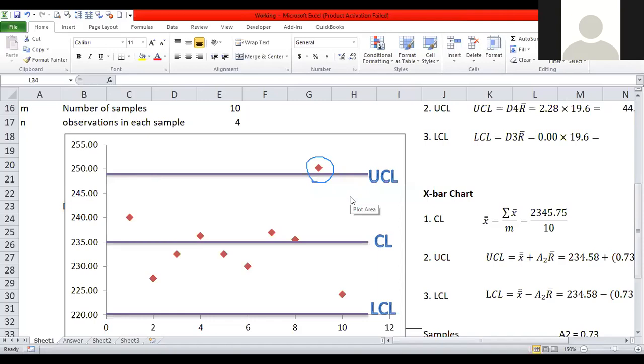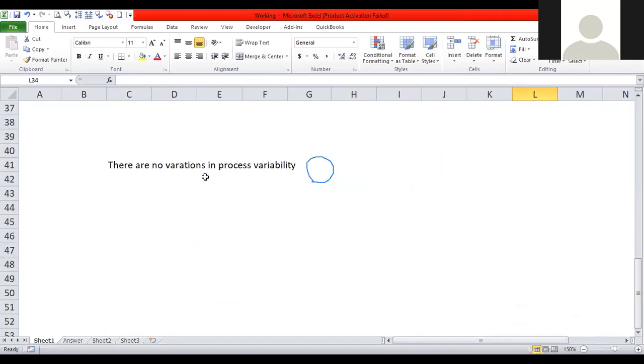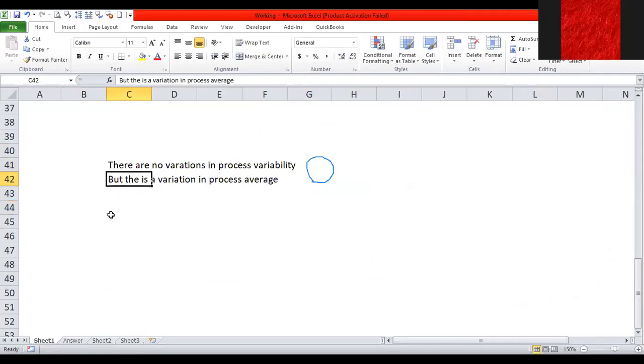One particular observation out of the limit means we have to find out the reasons. If this is inside, no problem, but this is outside, therefore there's a problem. So you have to report that. There are no variations in process variability, but there is a variation in process average. This is your final decision to the management. Variability is okay, but average, there's a problem.